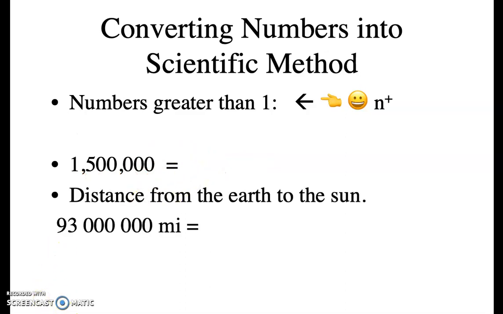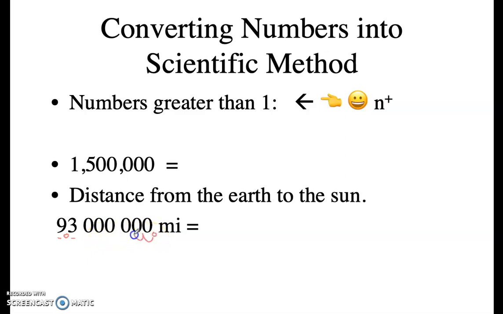Distance from the Earth to the Sun. That's pretty far, guys. Okay, so 93 million miles. This number has 2 sig figs, 1, 2. We need to have our decimal point moved. Understood decimal point is right there, correct? We need to move it all the way over there between the 9 and the 3 to satisfy the definition.